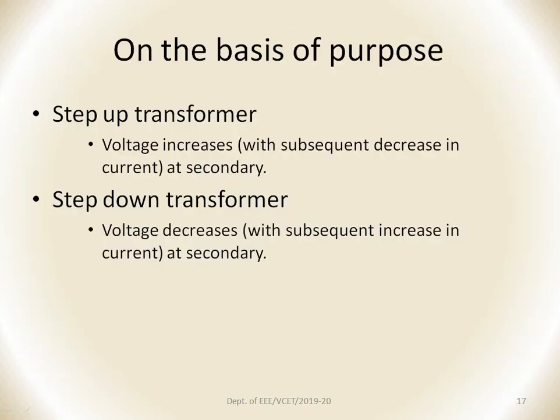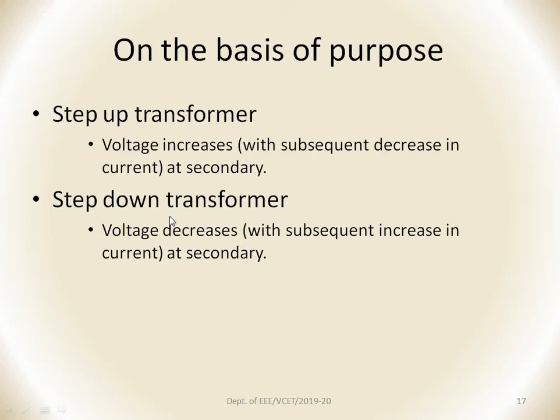Next classification is based on the purpose. Based on the purpose, it is whether we need an increased voltage or a decreased voltage. If you are in need of increased voltage, then you have to step up this transformation operation, and hence the transformer is called a step up transformer. Here the primary winding will have a low voltage, whereas the secondary winding will have a high voltage.